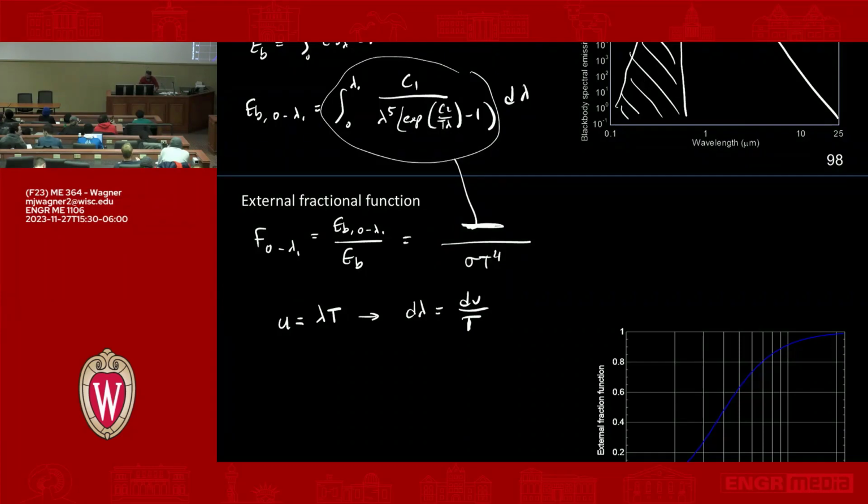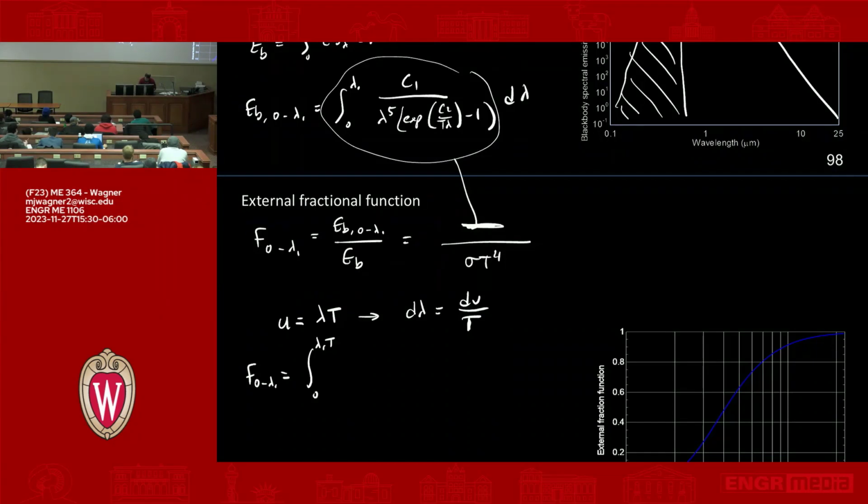And we end up with this integral. So f from 0 to lambda 1 is equal to the integral from 0 to lambda 1 times temperature. Now we have this nice product of lambda and temperature where before we just had lambda.